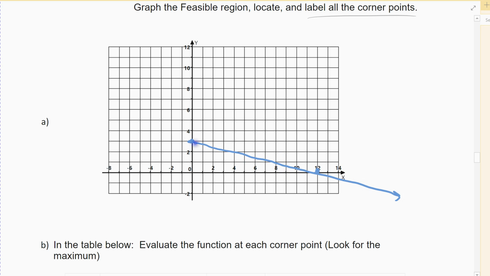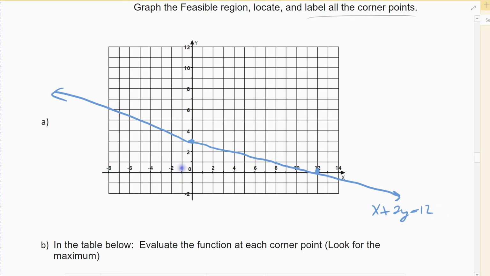All right, so my line, again, hopefully you guys draw yours a little straighter. So this is my x plus 4y equals 12 line.